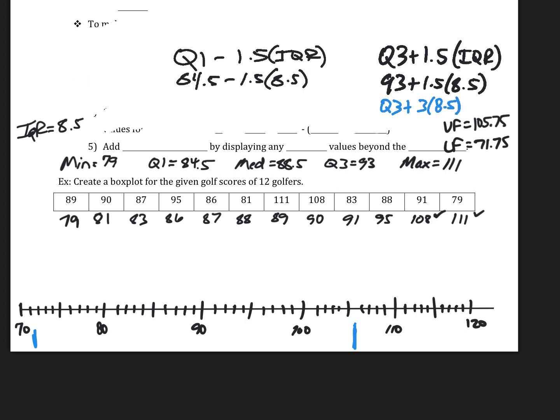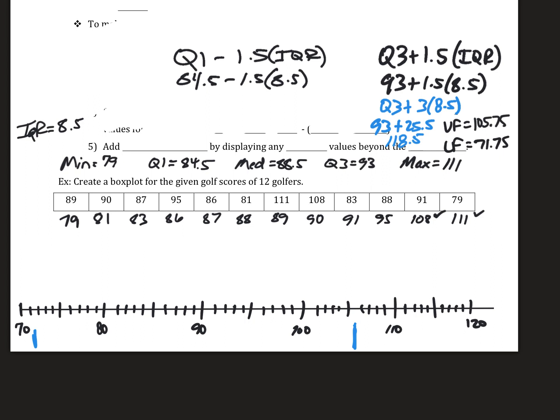Well, Q3, again, is 93, plus 3 times 8.5, which is 25.5. Okay? So if I take 93 and I add 25.5 to that, I end up with 118.5. Do I have any numbers above 118? No. So I do not have any far outliers.